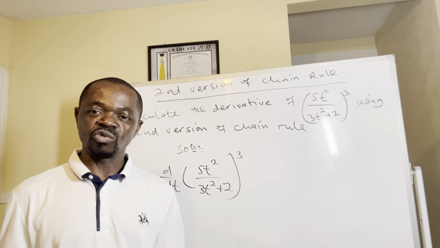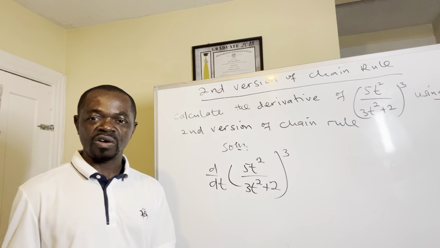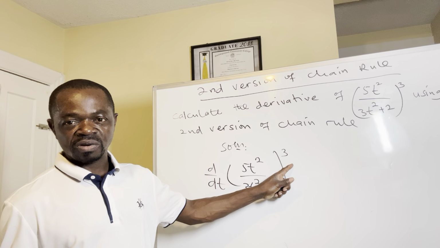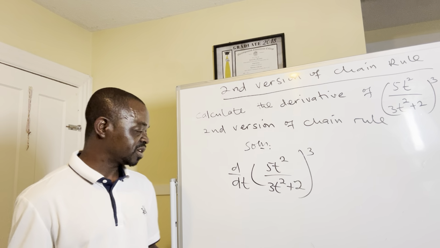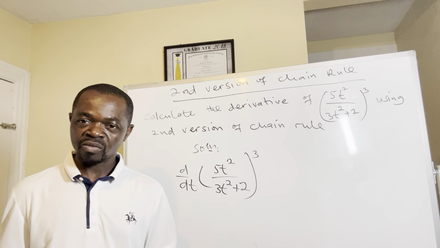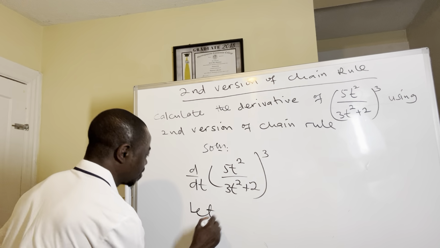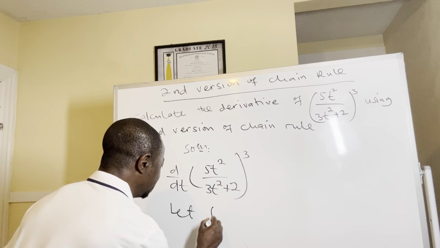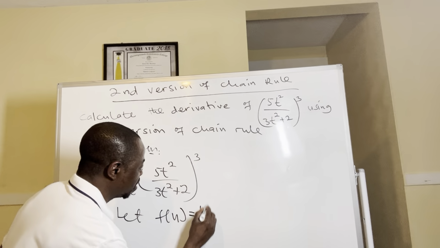So using the chain rule, we have to find our inner function and we have to find our outer function. So we have the outer function, which is to the power 3, and this is the inner function, which is 5t squared all over 3t squared plus 2. So we can say let our outer function, which is f of u, be equal to u raised to the power 3.